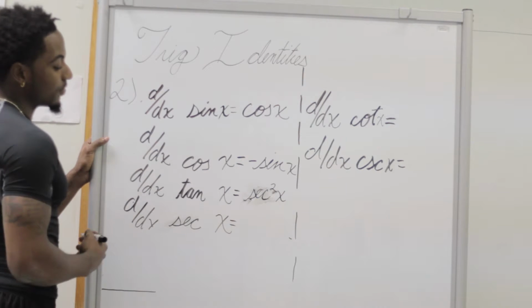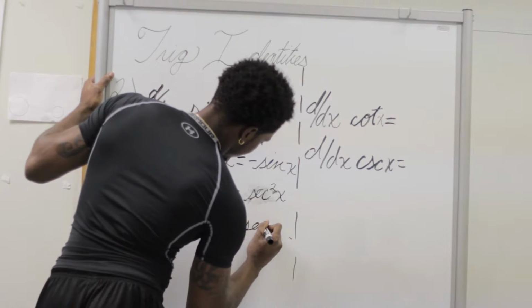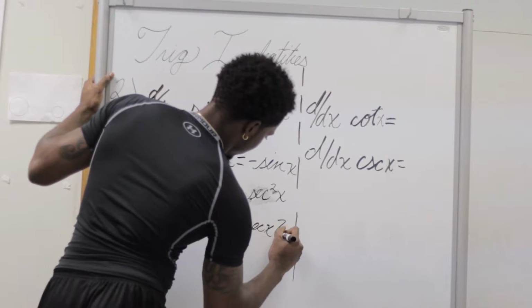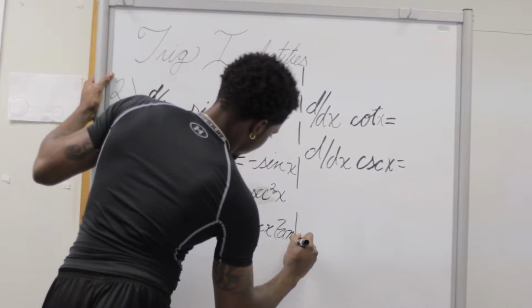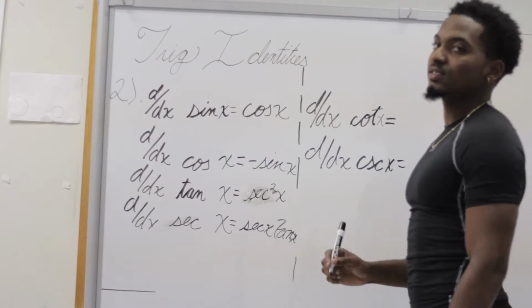Then the next one, you want to find the derivative of secant x, which is secant x tan x.